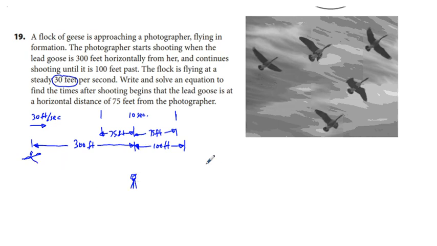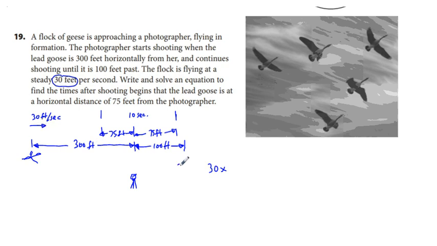Let's go ahead and find an equation for this if we can. The distance away from the photographer, we know the geese are flying at 30 feet per second, so we're going to call it 30x. And the distance away, we're starting at 300 feet.